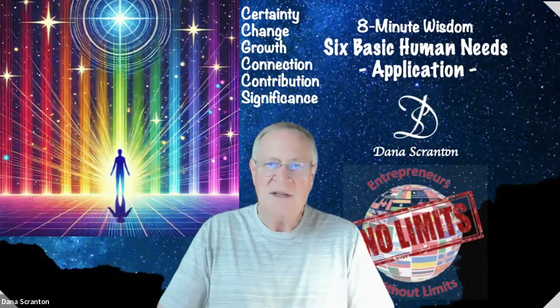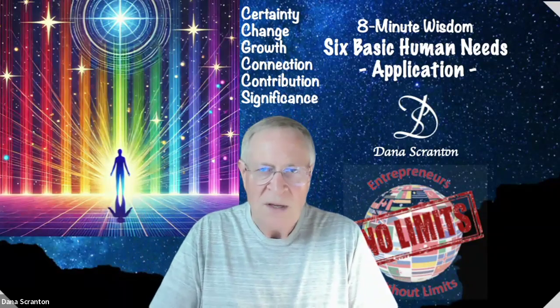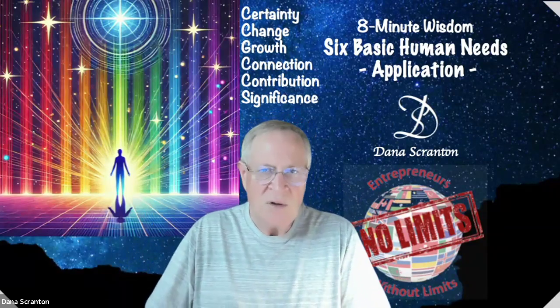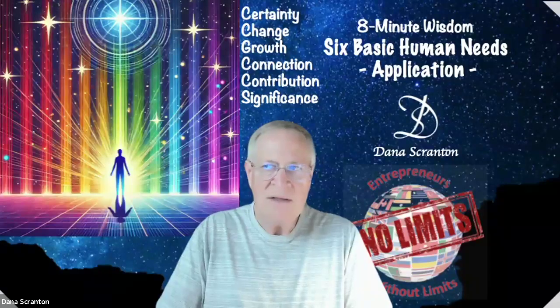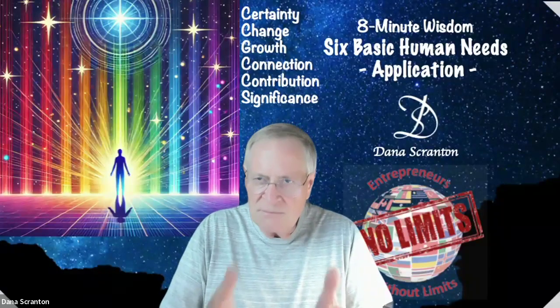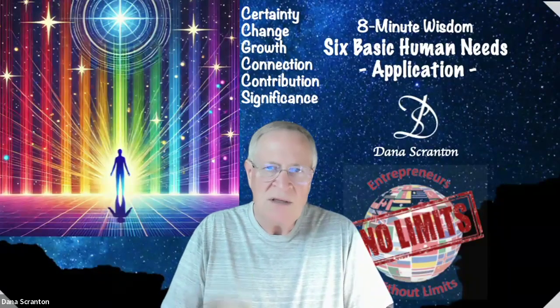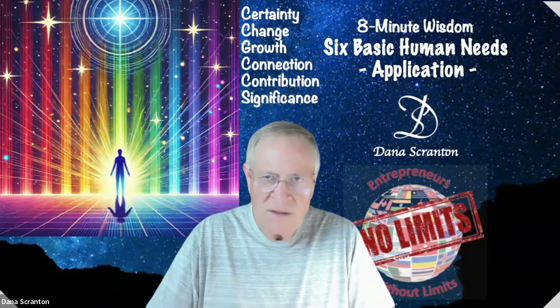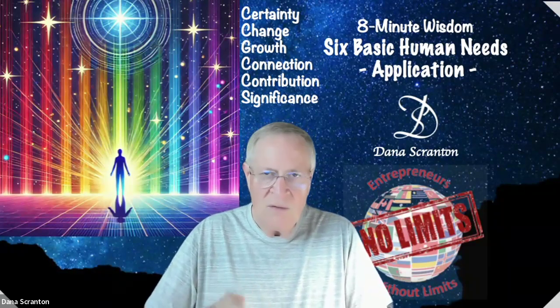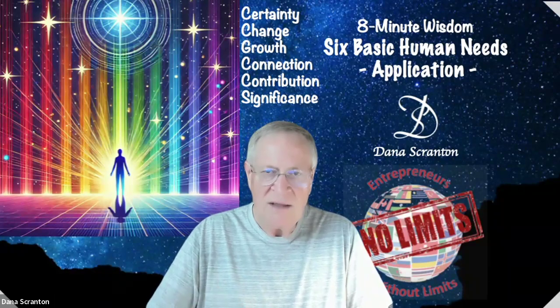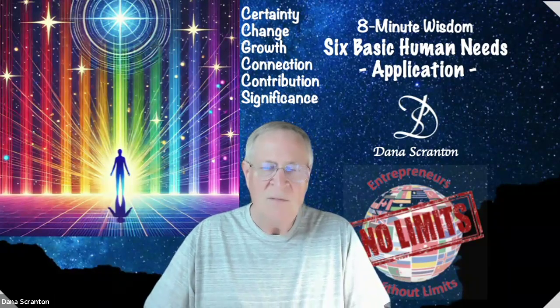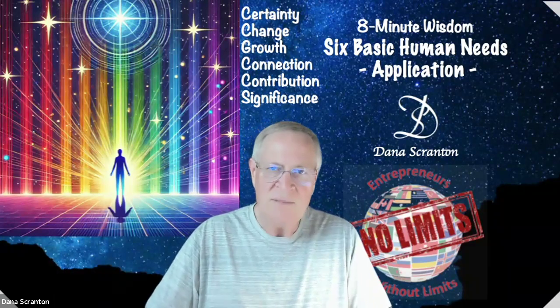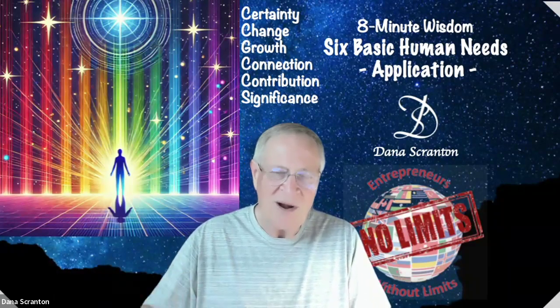So that's the basis. So what we're going to do in the following episodes is we're going to take each of these 6 human needs, these basic human needs, and we're going to talk about what is the underlying concept, what it means to the individual, how you as an entrepreneur can understand and apply that, and how you move it forward to elevate the lives of others, which ultimately is our objective, because that's how we profit.